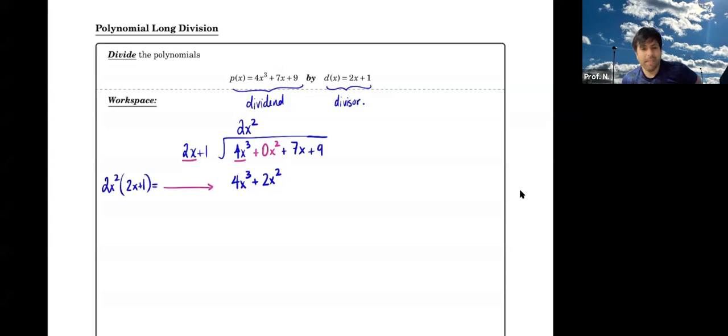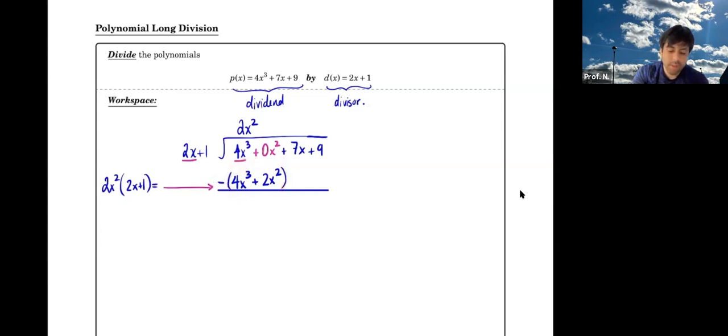And then what do I do after this? You subtract. So please, guys, be careful with this step. This step is a little bit tricky for some, because when you subtract a polynomial, you distribute the -1 to every term.